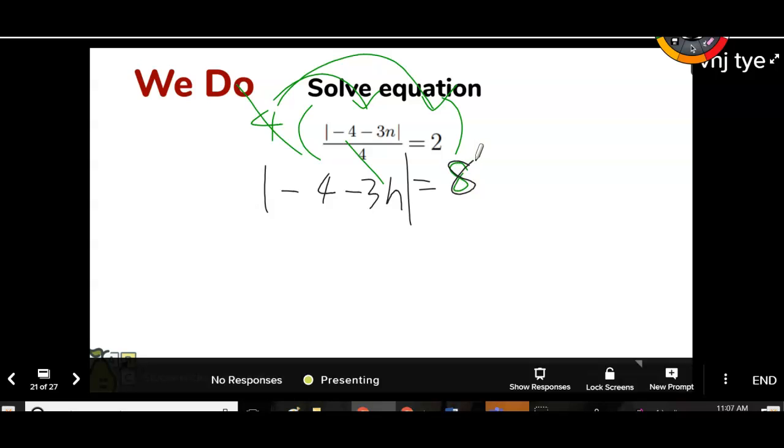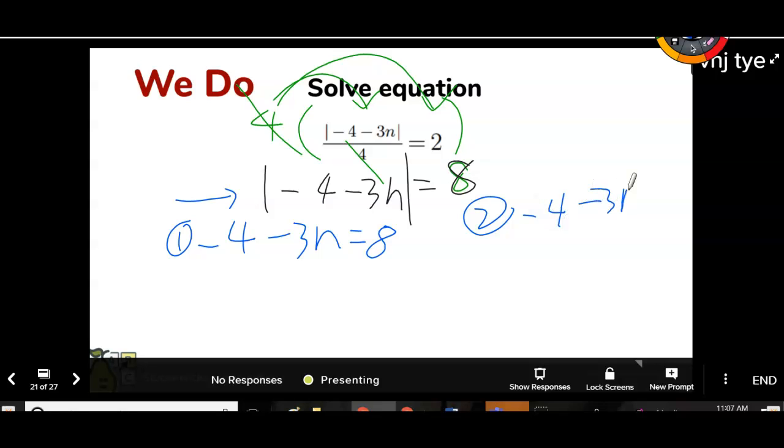And this is a clean equation. So you can turn it into 2 equations. First is the inside equals 8. Second is the inside equals -8. And solve them.